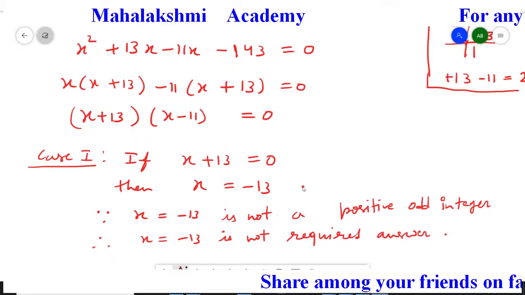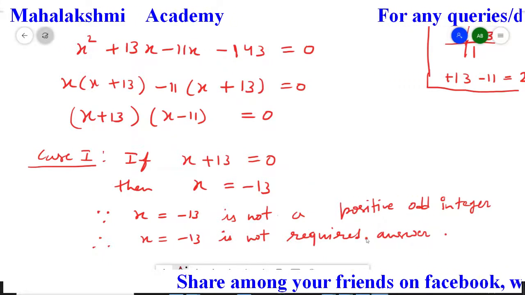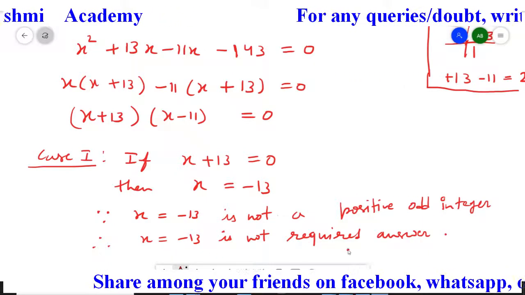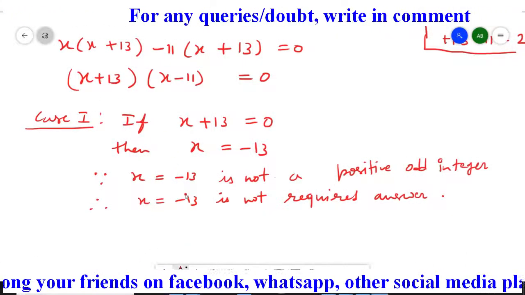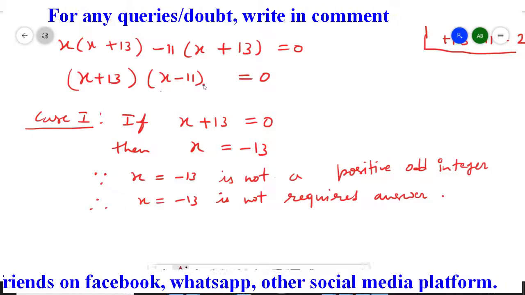Since we need the positive odd integer, this answer is not our required answer. So from case first we did not get any answer. Now we move to case second.